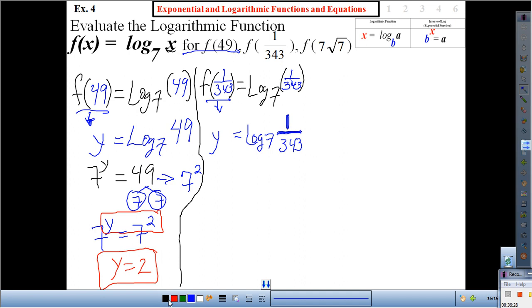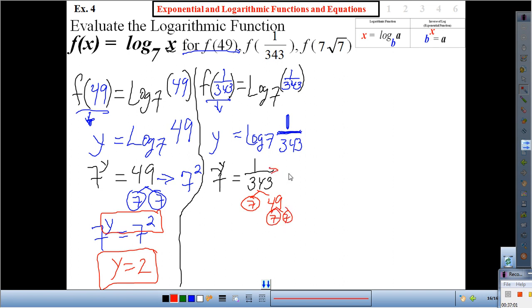So we need to change to exponential form. So this is what? 7, base 7, to the y power equals what? 1 over 343. All right, and what is the next step? We need the same base, so this has to be base 7. 343 divided by 7 is 49. 49 divided by 7 is 7.